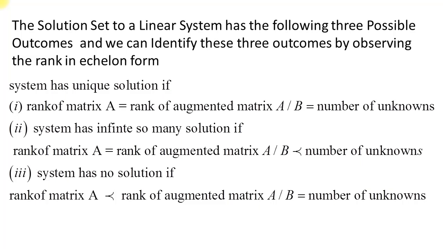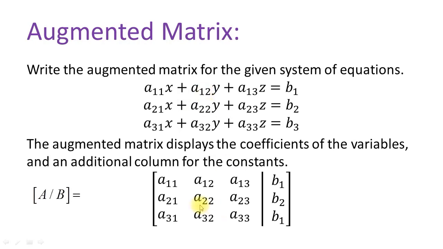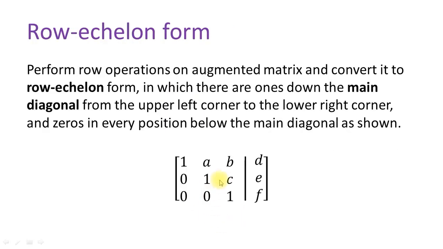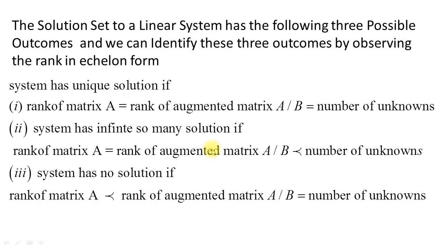When we obtain the echelon form from the augmented matrix, then identify whether the system has a unique solution, no solution, or infinitely many solutions. So how can we identify these three outcomes for the solutions? Check, use the rank. If the rank of matrix A is equal to the rank of the augmented matrix AB in the echelon form, which is equal to the number of unknowns.